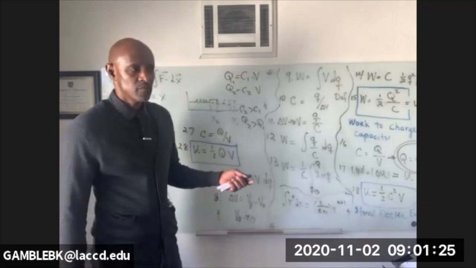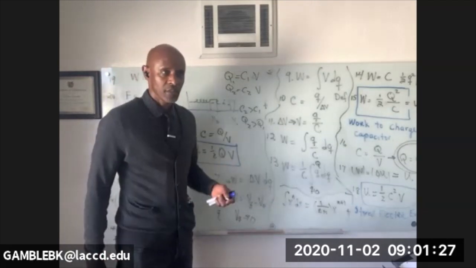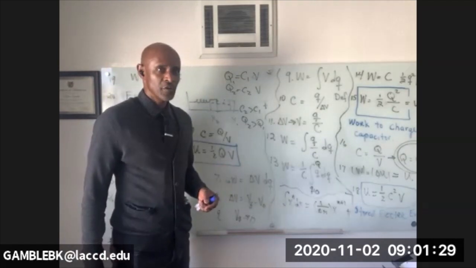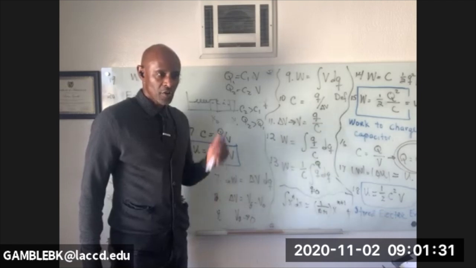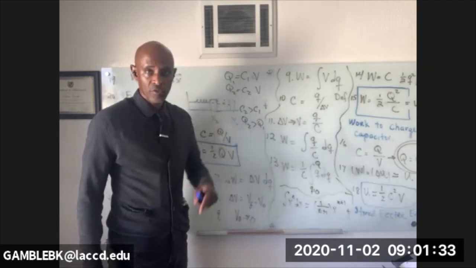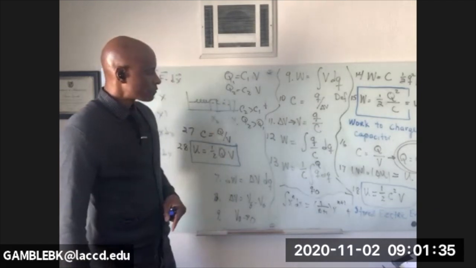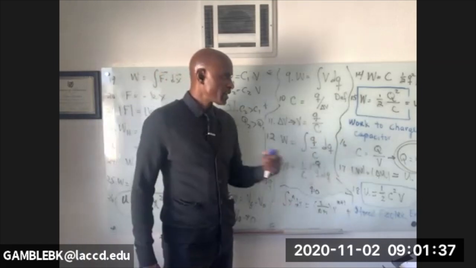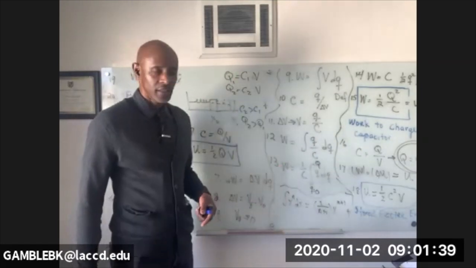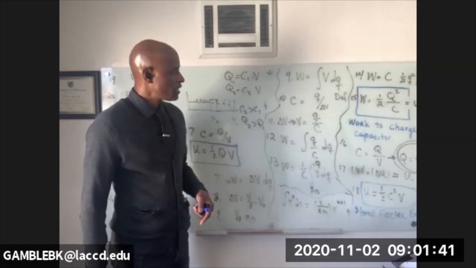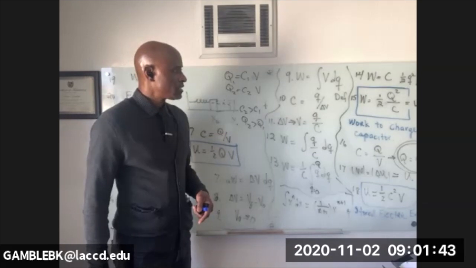Or maybe it's in the circuit and it's doing something funky, but whatever that circuit is doing, it's dependent upon charge being transferred from one place to another. Well, this equation gives you the perspective about that in terms of the capacitance.